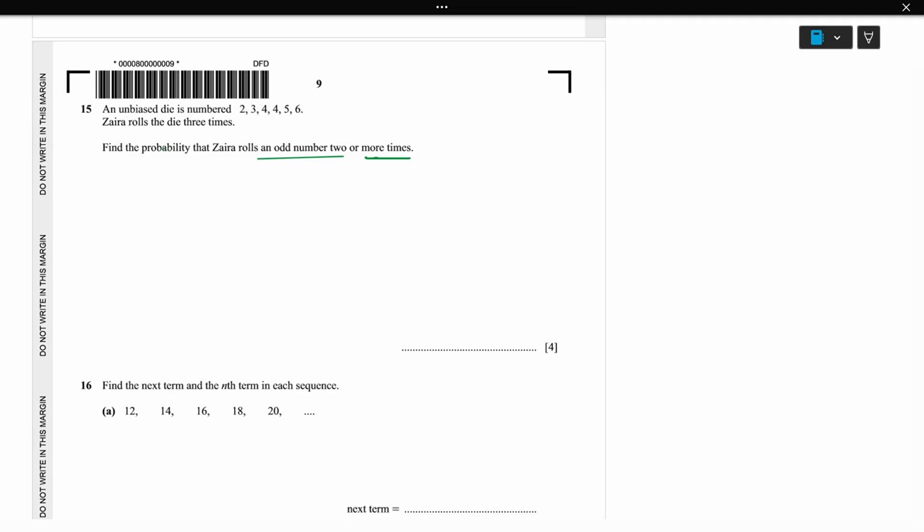The chances are: all three odd, or 2 odds must be there, so odd, odd and even, or odd, even, odd, or even, odd, odd.